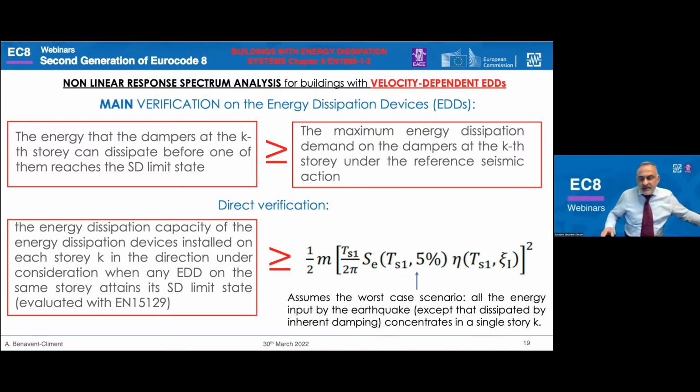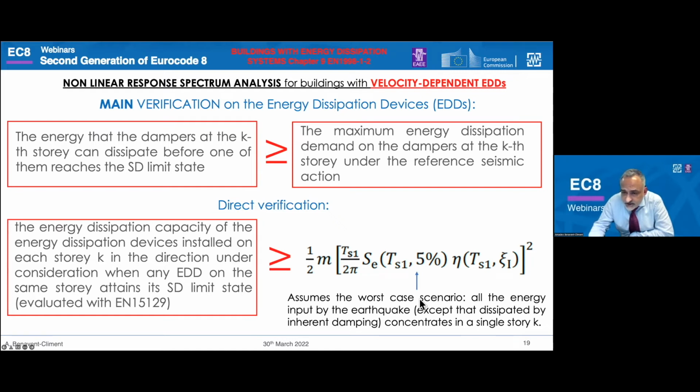The problem is that this nonlinear response spectrum analysis method does not provide a quantitative evaluation of the amount of energy that has to be dissipated by the dampers in each story. So in the lack of this information, we made the following conservative assumption, that is to assume the worst case scenario.